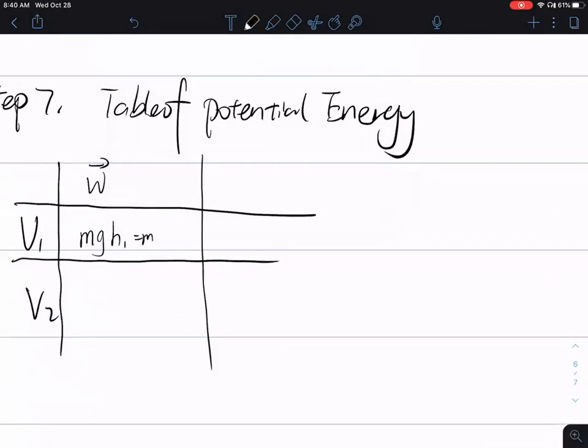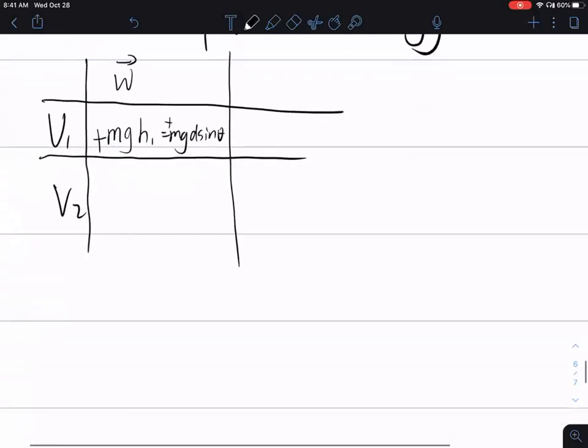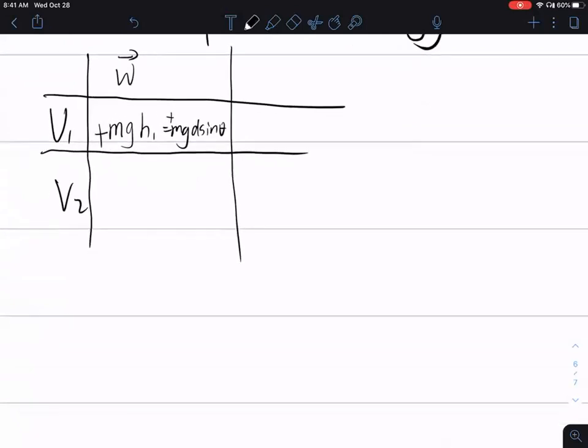So it equals mg d times sine theta. That's our potential energy at position 1. It's positive because it's above the 0 reference point. Let's make sure that's positive. So positive. Okay, what is the potential energy at position 2?